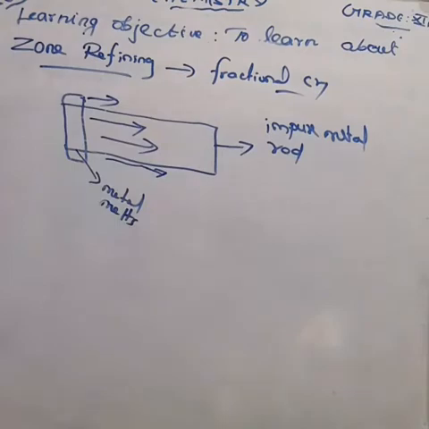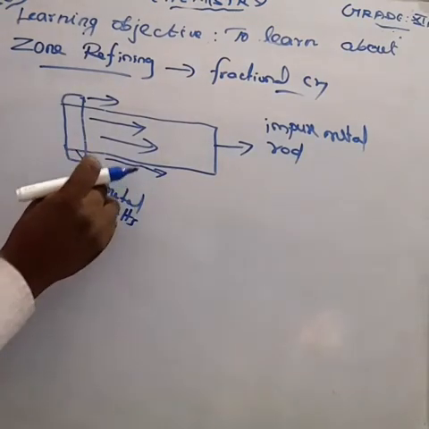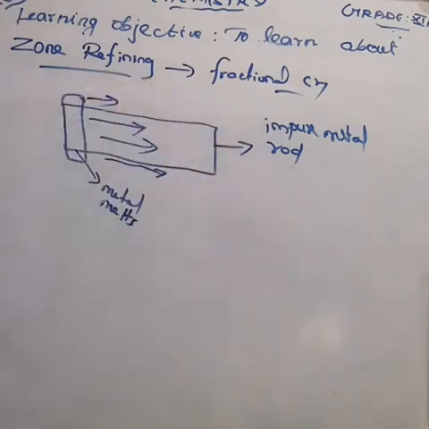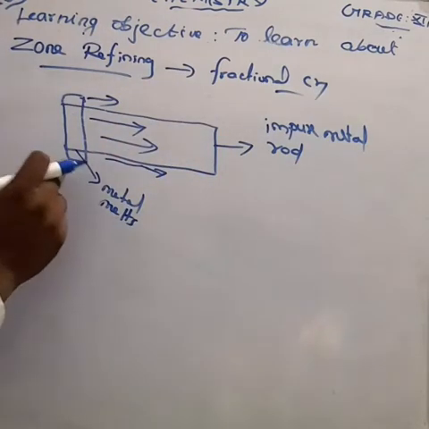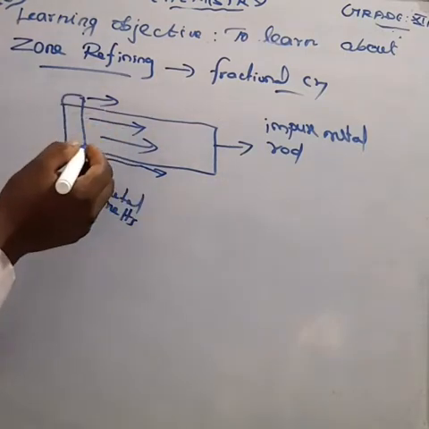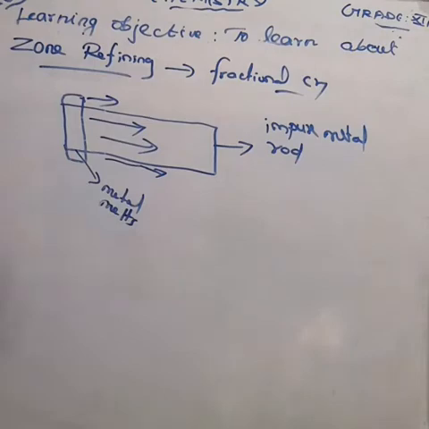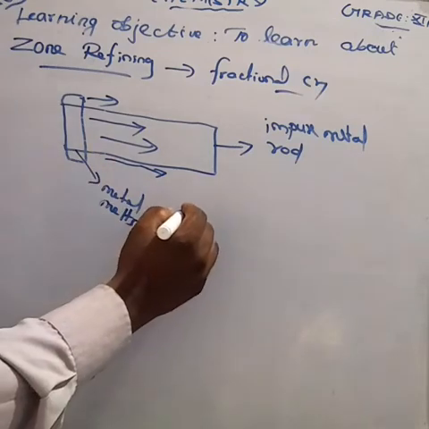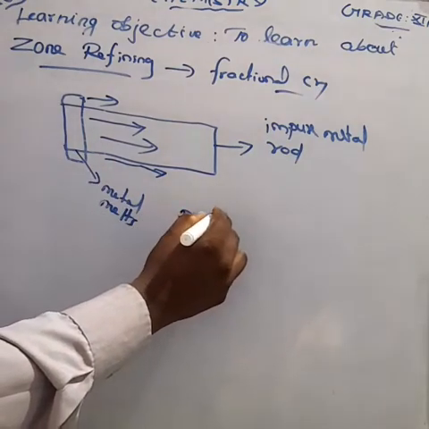This process is repeated several times by moving the heater in the same direction. Again and again, we are doing this zone refining process. We get a pure metal.